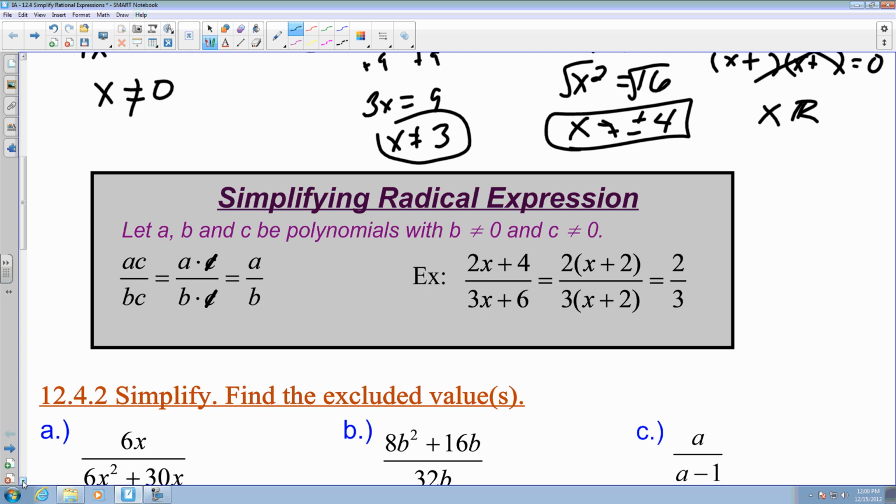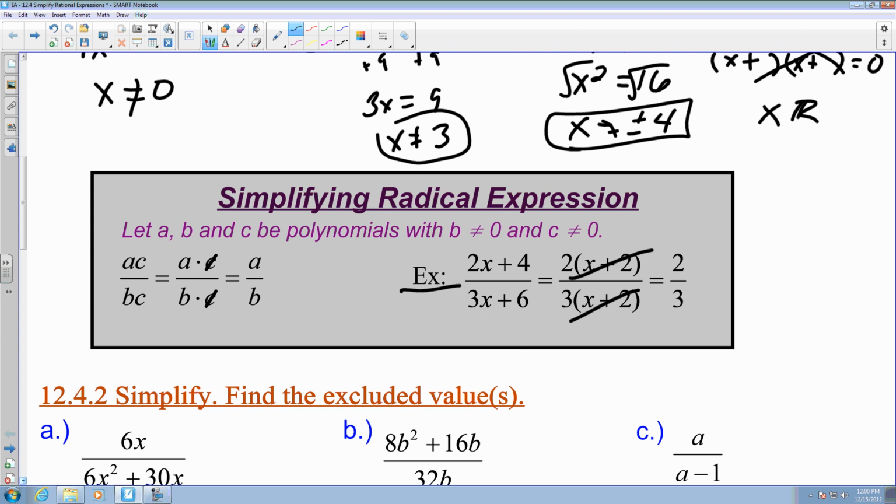If it's A times 1, it would be A, and if it was B times 1, it would be B. Just like in this example, we have 2x plus 4 divided by 3x plus 6. You can factor a 2 out of the numerator, which gives you 2 times the quantity x plus 2. In the denominator, you can take out a 3, which is 3 times the quantity x plus 2. You have x plus 2 in both the numerator and denominator, attached by multiplication, so you can cancel these out, which leaves you with just 2 over 3.